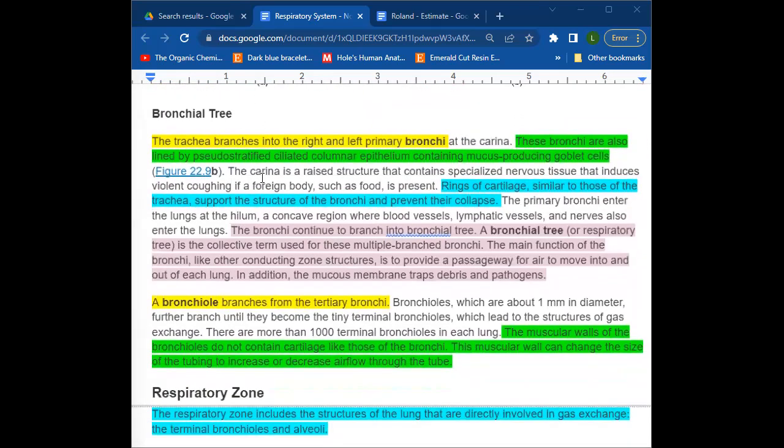Okay, then if we think about the trachea as similar to a tree trunk, then the bronchi are supposed to be the big branches that extend out from the tree trunk. So we need to know that the bronchi also are going to have more rings of cartilage, again, to help hold them open all the time.